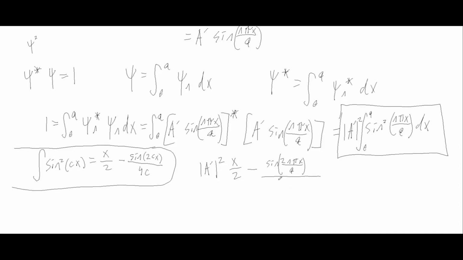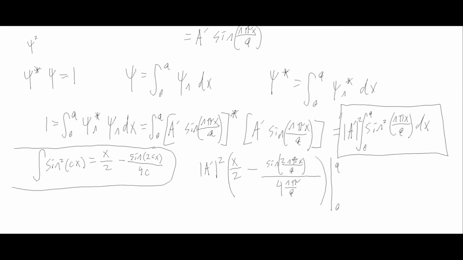And then down here is 4n pi over a, because this is our c right here. And so we just add that 4. And so this is what we get when we integrate this. But actually, we have to evaluate this between 0 and a.